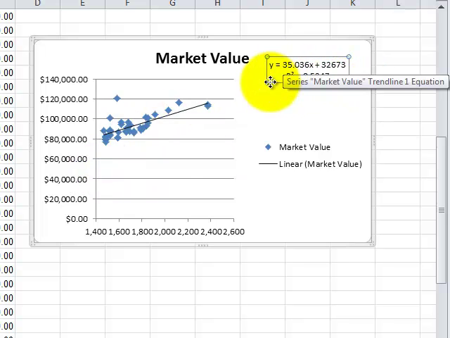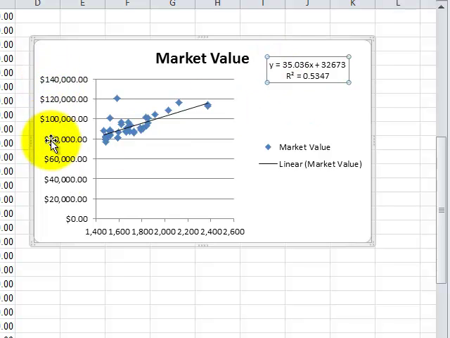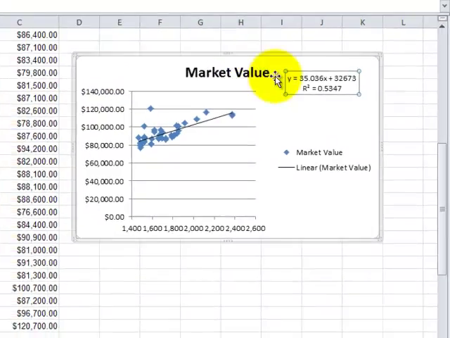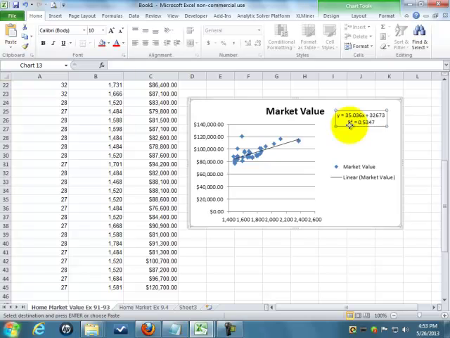And notice here we've got an equation that says our y, which is our output if you remember algebra, our market value, what we're trying to predict, is equal to about 35 times our x value, our square feet of our house, plus 32,673.